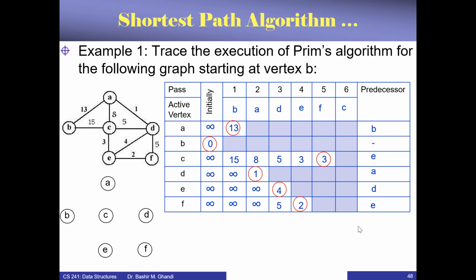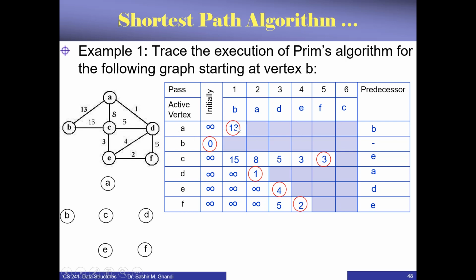Very similar to the way we did with Dijkstra. First of all, start with a graph that contains all the vertices, no edge yet. Then follow from the predecessor to the vertex to draw an edge. But there is a big difference with Dijkstra.